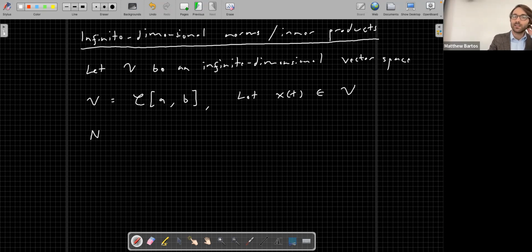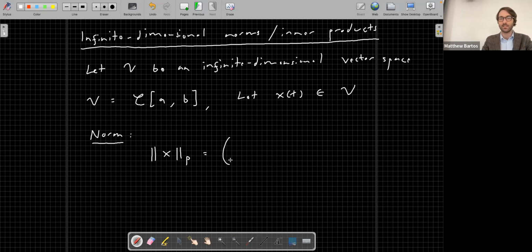So we can define a norm on this vector space. This essentially gives us a way of characterizing the size of a continuous function relative to other functions. Let's say we just want to look at the p norm of x.